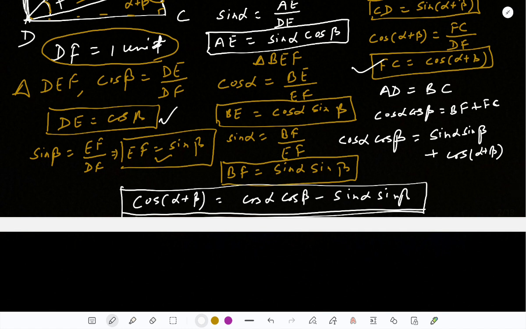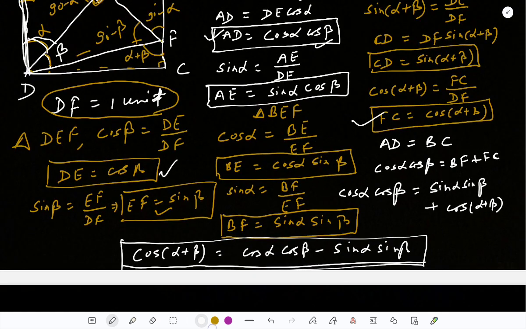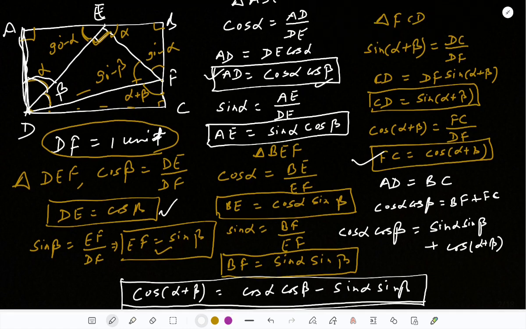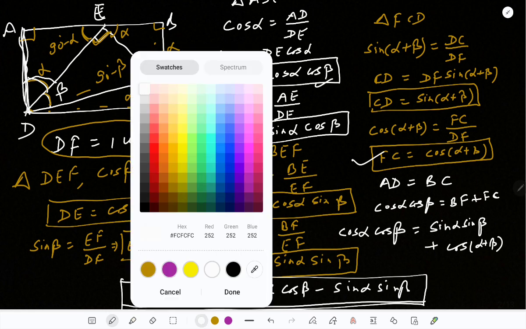But the pick is lost, and I have to get sine alpha plus beta as well. So I will suggest you look at this picture again and look at this particular CD.